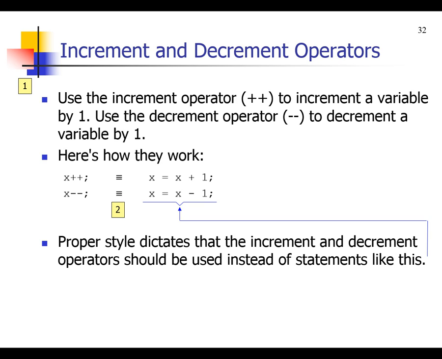So if I had a for loop, x equals 0, x is less than 10, plus plus x, when I start this loop, x already has a value of 1, even though I defined it as 0.